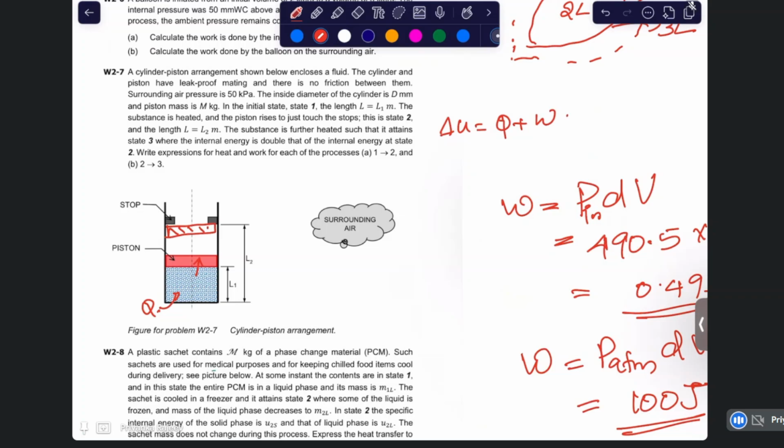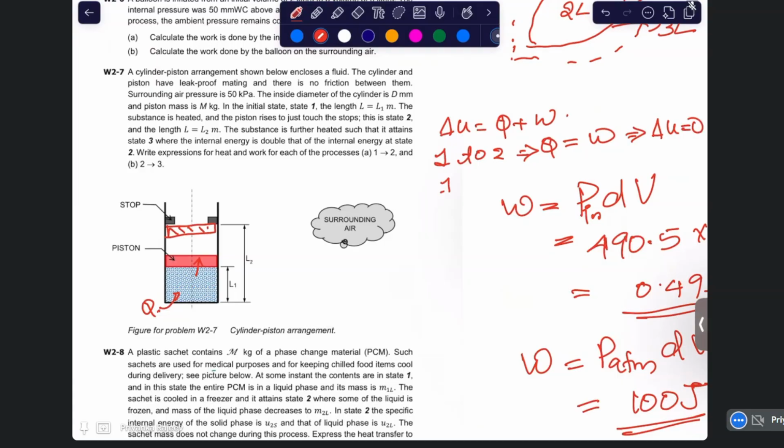So Q was given, and from state 1 to state 2, Q is applied which goes to W, so Q equals W and hence delta U equals 0.